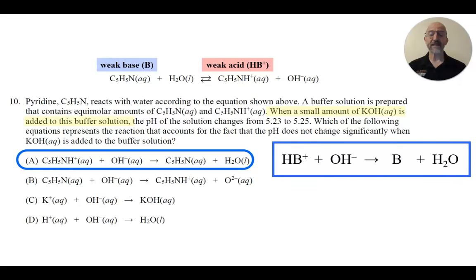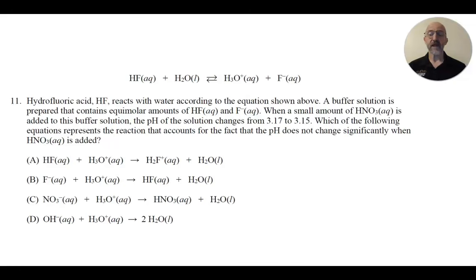So let's go ahead and take a look at question 11. In question 11, it says the following. Hydrofluoric acid, which is a weak acid, HF, reacts with water according to the equation shown above. A buffer solution is prepared that contains equimolar amounts of HF and F-.